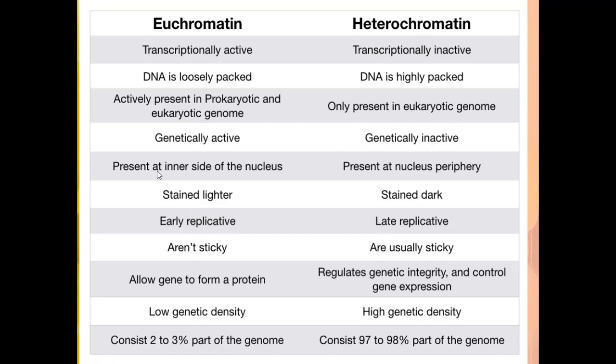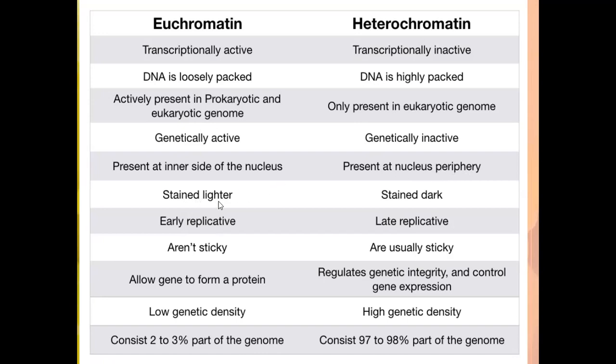Euchromatin is present inside the nucleus, at the center region of the nucleus, where chromatin thread-like structures are loosely arranged. But heterochromatin is present at the periphery of the nucleus. Peripheral means not present at the center region.